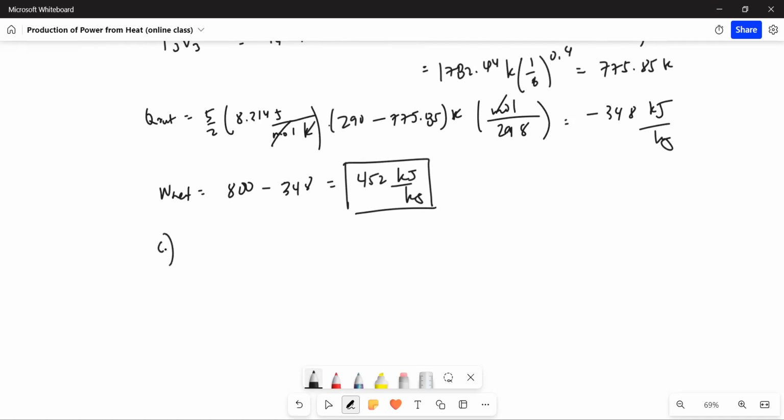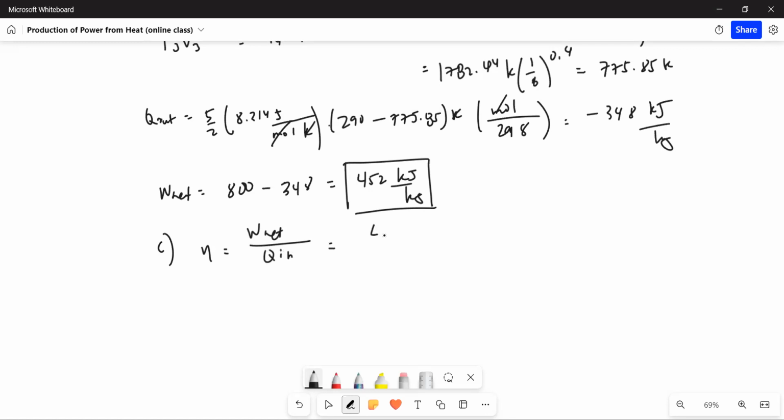The efficiency. So we can make use of the equation of efficiency, which is work net over Q in, right?